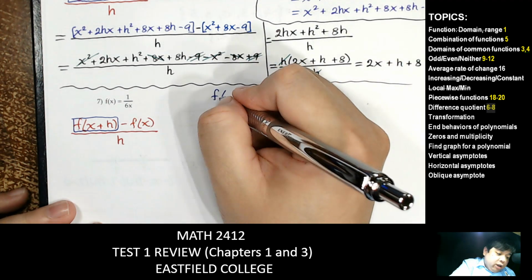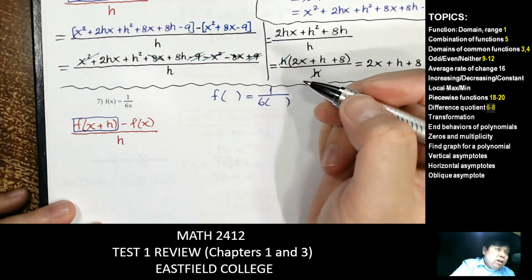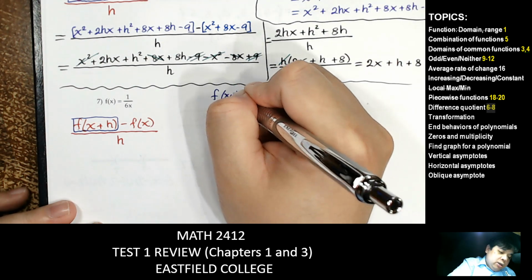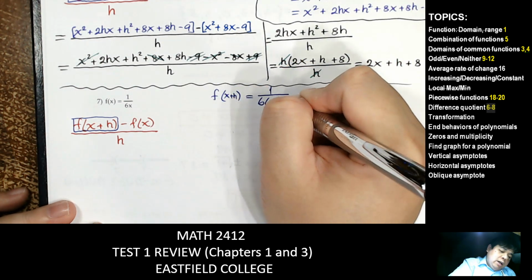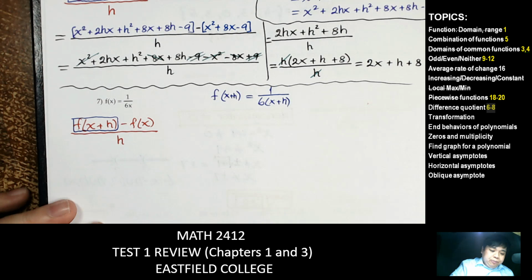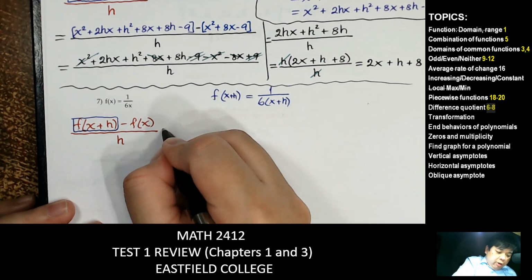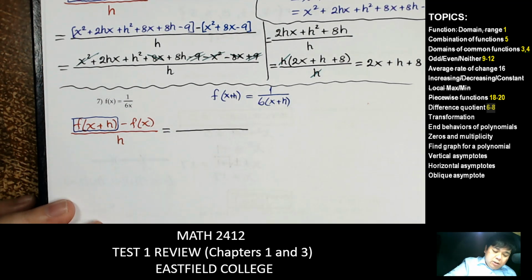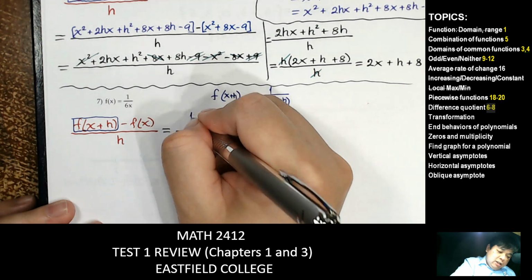It doesn't matter what we put in for x, we put in for x here. Now we put x plus h, there will be x plus h, and that's what this one is. That's very simple, so I'm going to just put that here.